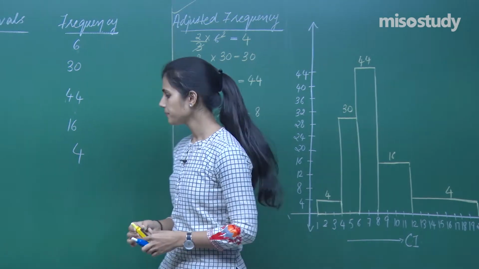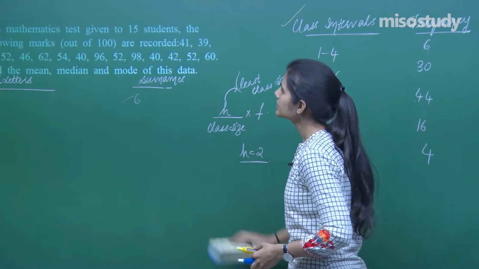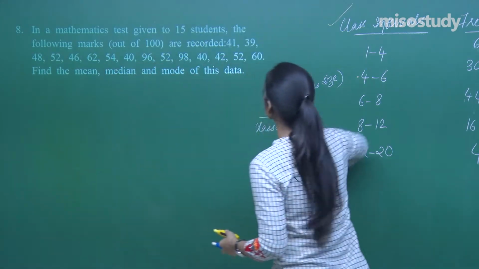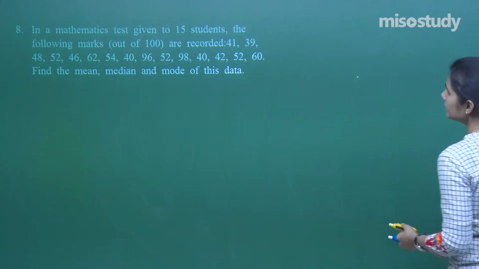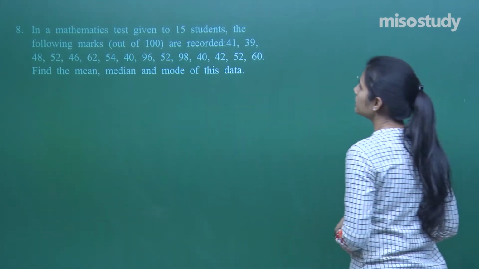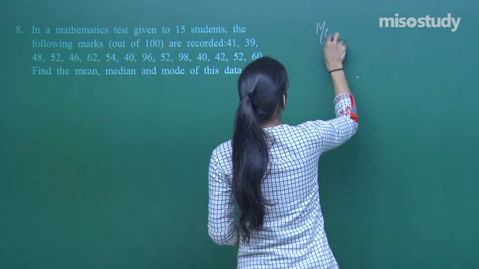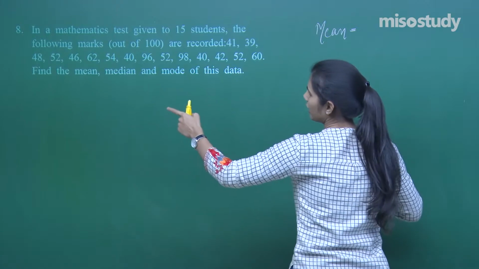Is it clear? Next question says, in a mathematics test given to 15 students, the following marks out of 100 are obtained. These are the marks. Find the mean, median and mode of this data. To get the mean, you are already given that the total number of these marks is 15.